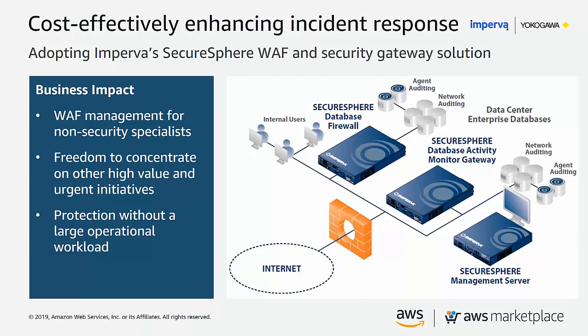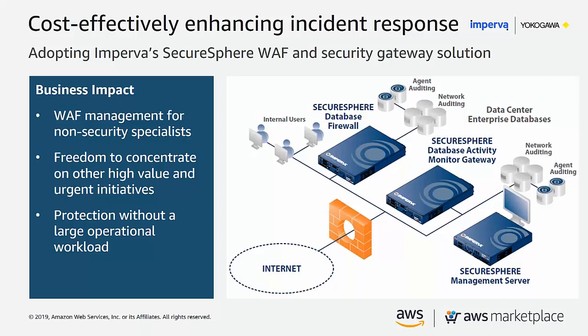So again, as they were migrating to AWS, they wanted a way where they could make sure that they were hitting all of their goals from a security point of view. And like a lot of businesses, they have a security team, but not every business unit has cybersecurity experts available to help with those particular applications.